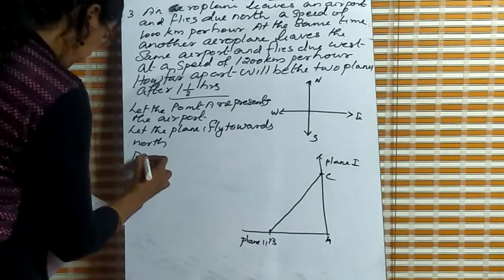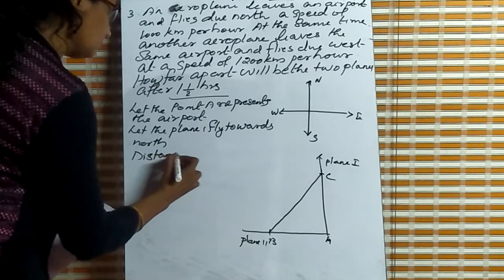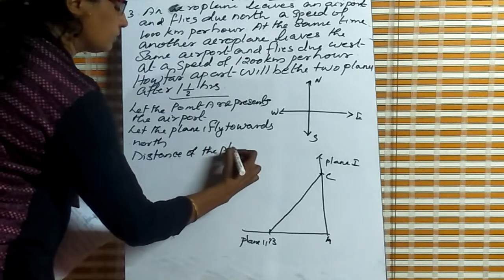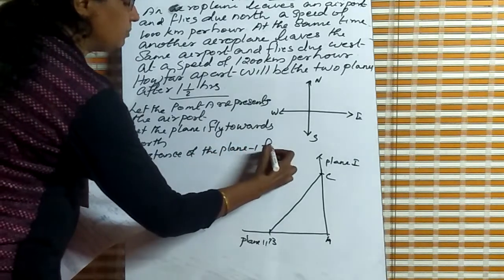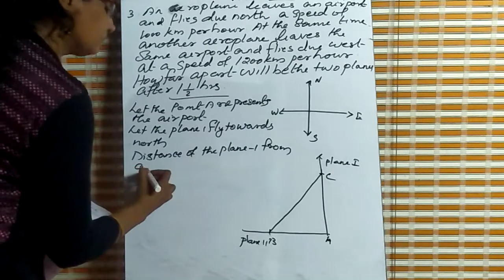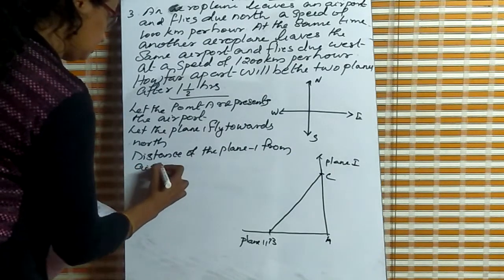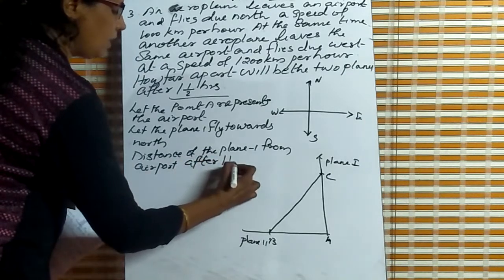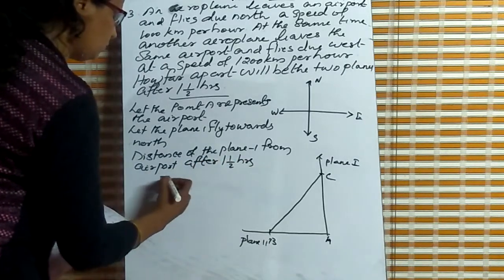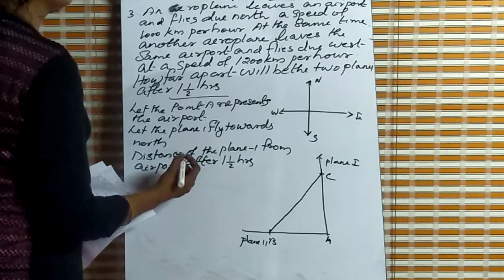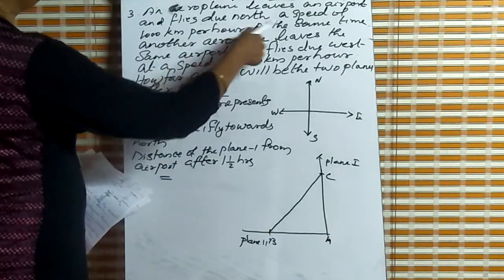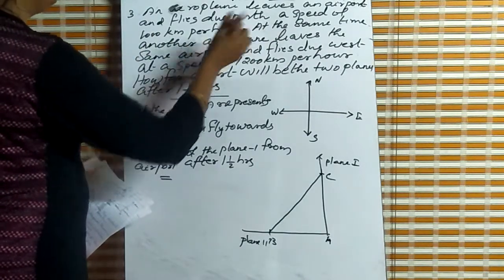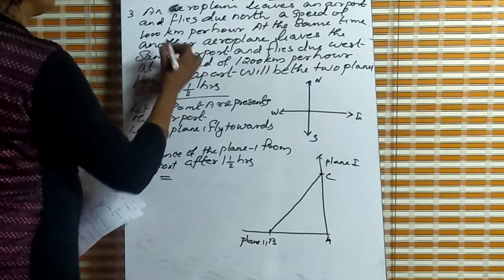Distance of plane 1 from the airport after 1.5 hours is equal to speed into time.